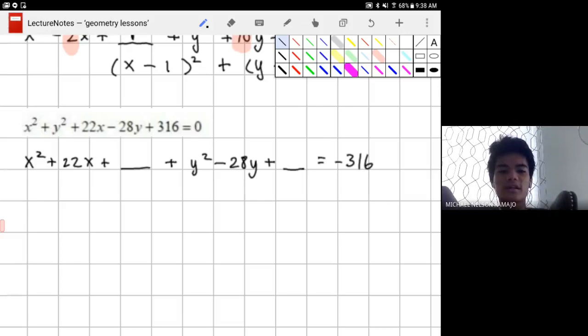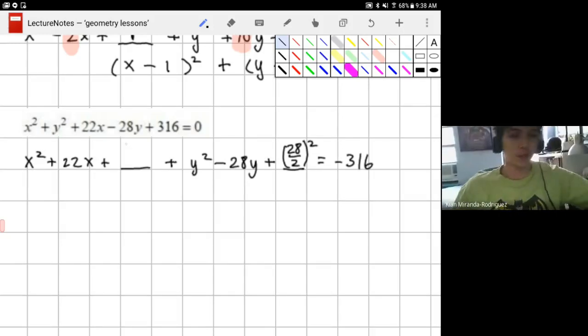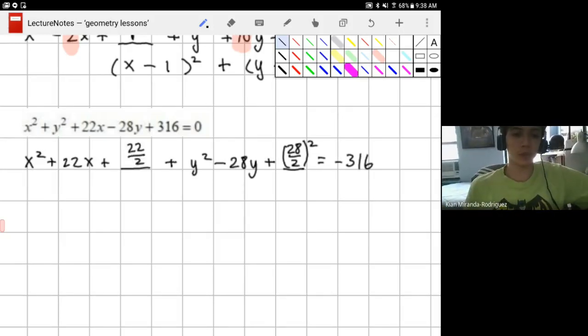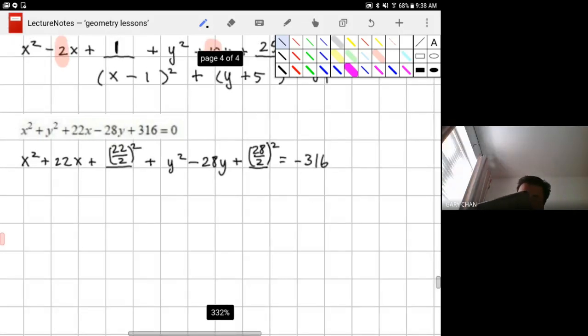We got 196 by dividing 28 by 2, which is 14, and then 14 squared is 196. There you go. So divide 22 by 2, which will be 11, and then square, which will be 121.